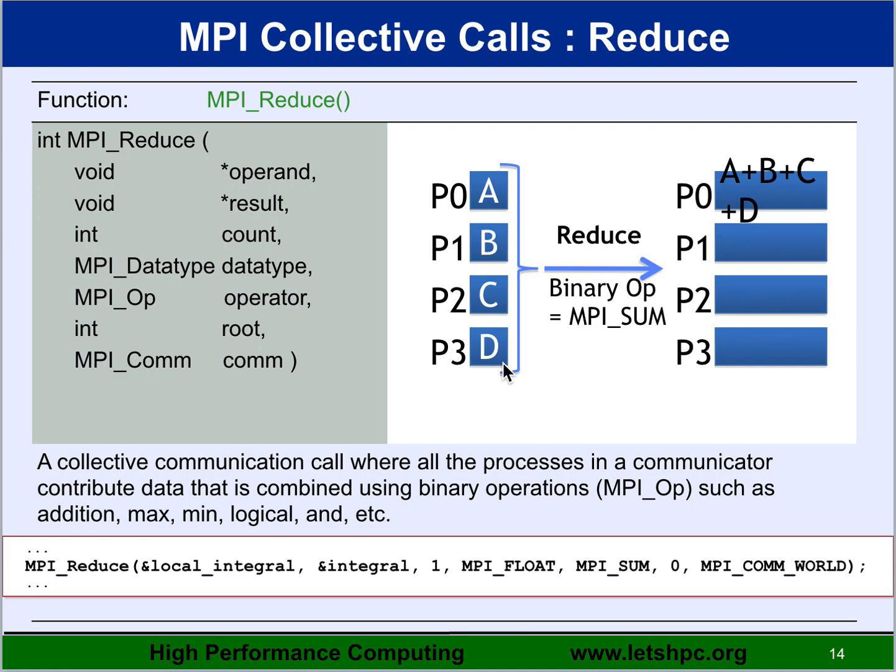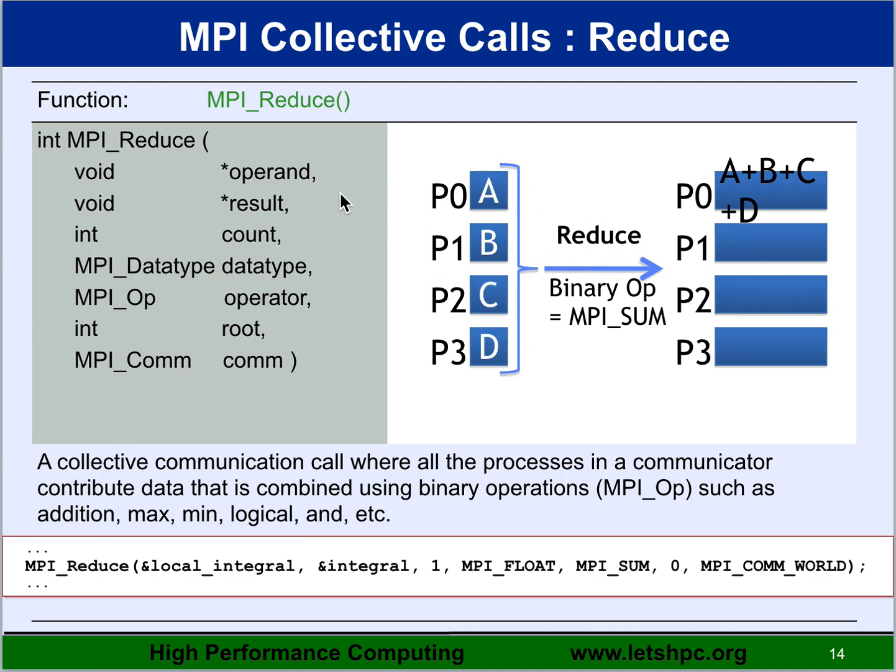One way to do that is that all of these processes send their values. For example, P1 sends the value of B to process 0. Similarly, P2 sends C to process 0, and P3 sends D to process 0. And finally, process 0 finds the sum of all these numbers.